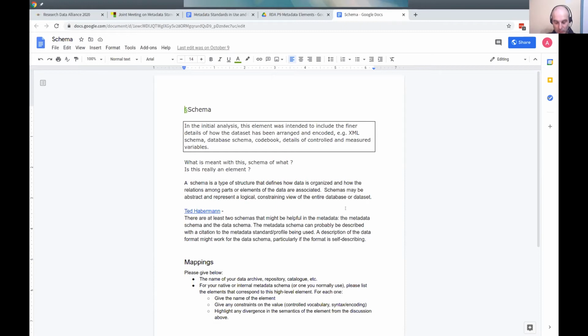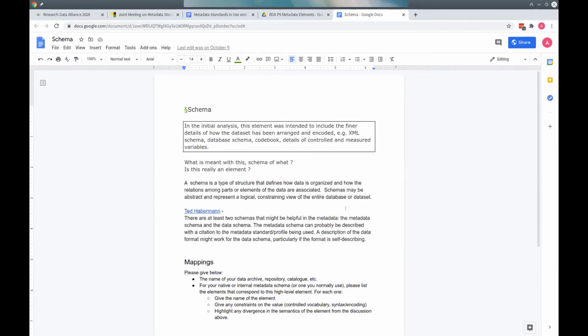Well, we want to be able to represent as broad an amount of metadata content as we can, and there are metadata schemes that do delve into the detail of the structure of the data and actually try to describe that. DDI is one of them.